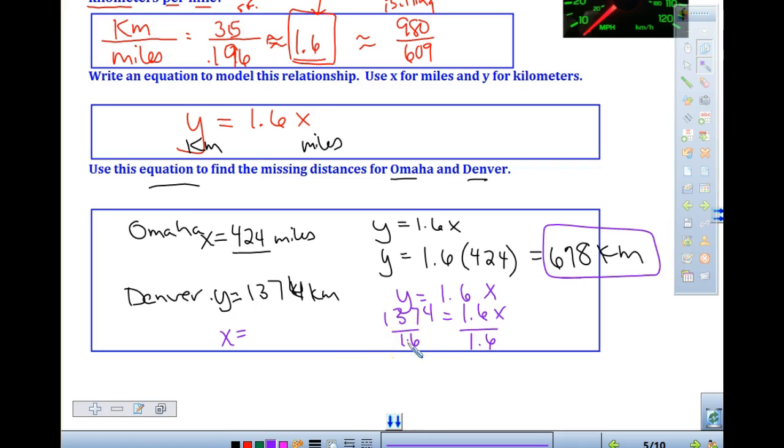It's going to be less than 1,374. 858, and at this point it's 0.75. So I would either take 858 miles or 859 miles, right? Because they always rounded it to the nearest whole number. So we're not going to put our answer as a decimal because all the numbers in that table were to the nearest mile.